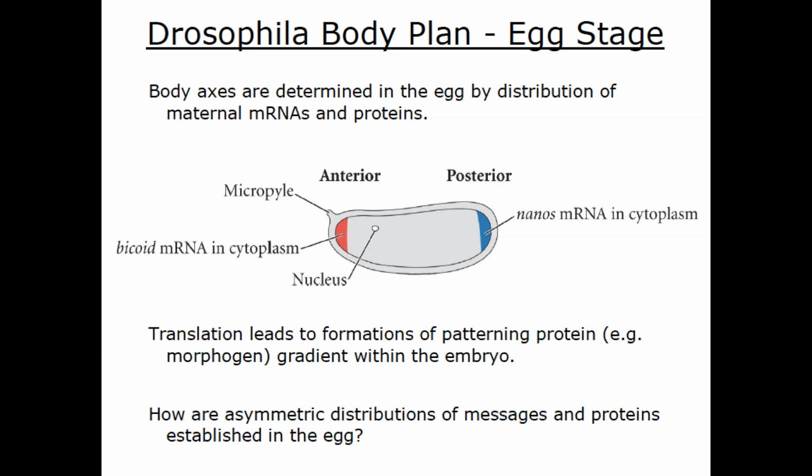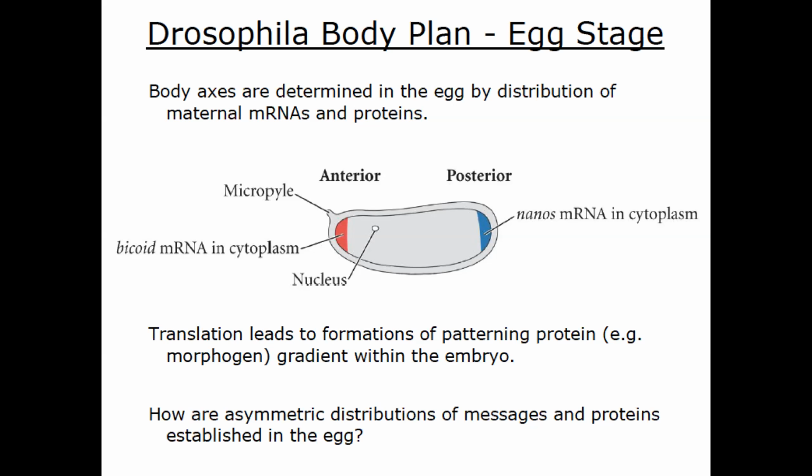the mRNA will definitely diffuse, right? So there will be a slight gradient of mRNA. But what is important is that mRNA is not just present. It is actively tethered to mRNA binding proteins that will localize it to the anterior or the posterior ends.